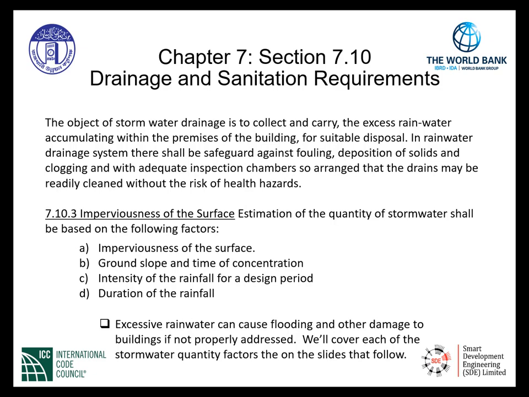Please be aware and keep in mind that excessive rainwater can cause flooding and other damage to buildings if not properly addressed. We'll cover each of the stormwater quantity factors on the slides that follow.